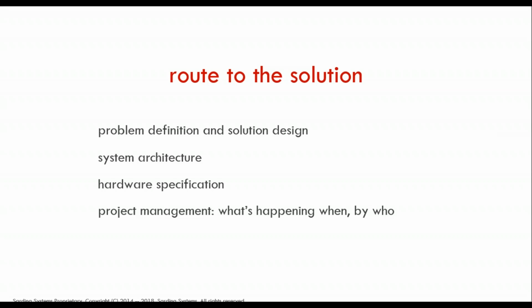And so what we then did was to go through with the client from problem definition and solution design into system architecture, hardware specification, and going down to project management to really understand what's happening when and by who.